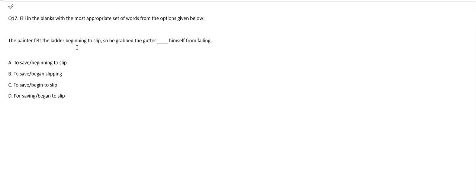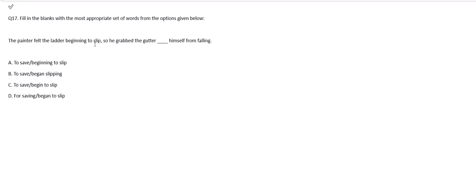You see here two sentences are given. That means two actions, one followed by another. The first action is the painter felt that the ladder is going to slip. It is starting to slip. And the second action is that he grabbed the gutter in order to save himself from falling.